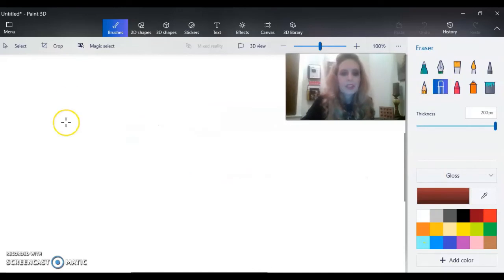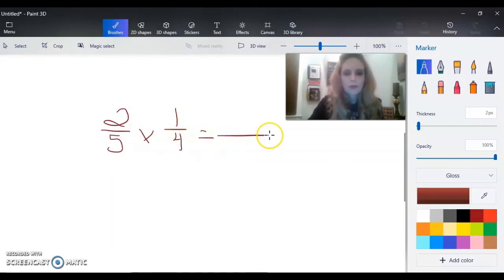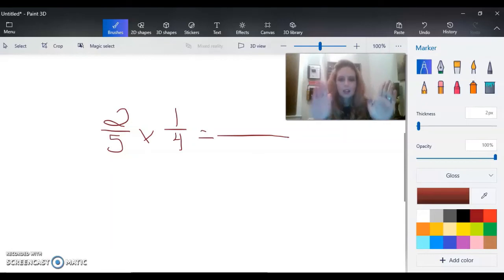Awesome job. All right, now let's take a look at 1b. 1b says 2/5 times 1/4. Take a minute, think about it. What do we do? I know you know.